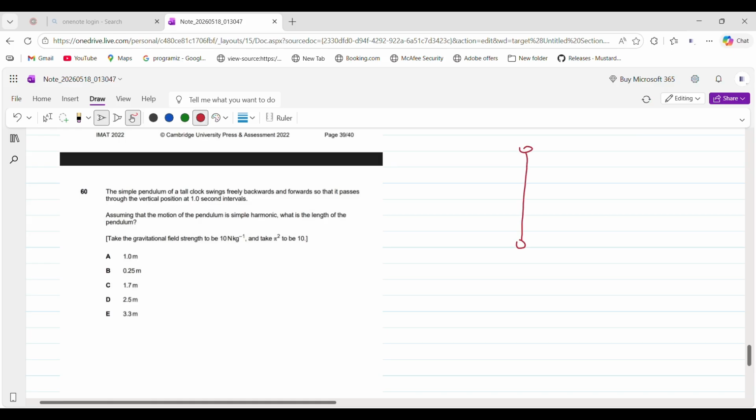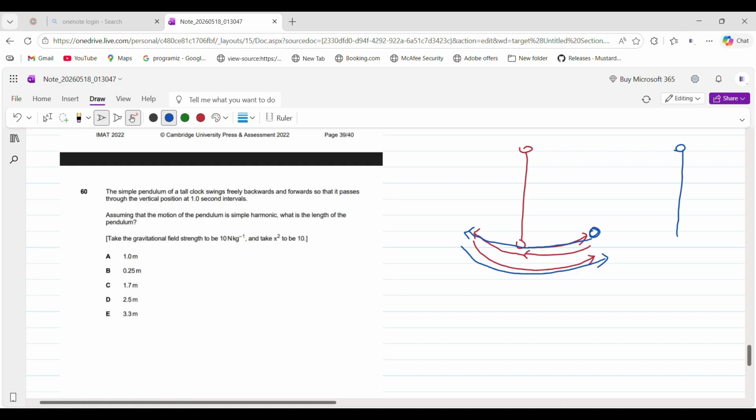So we have a pendulum which would go here, then come back to the center position, then again go here.